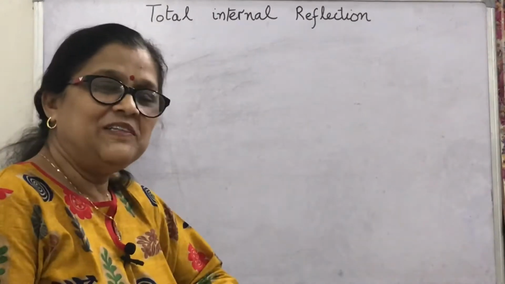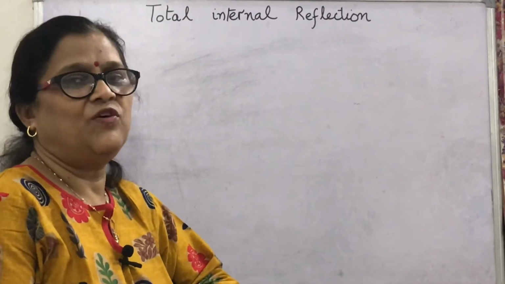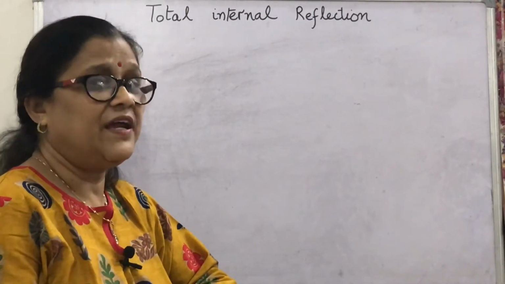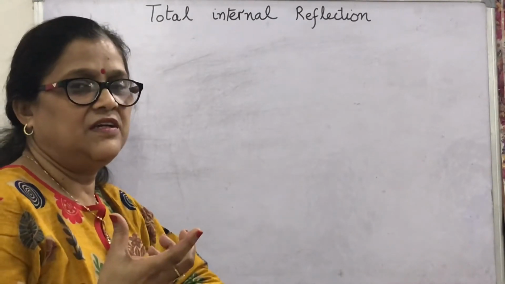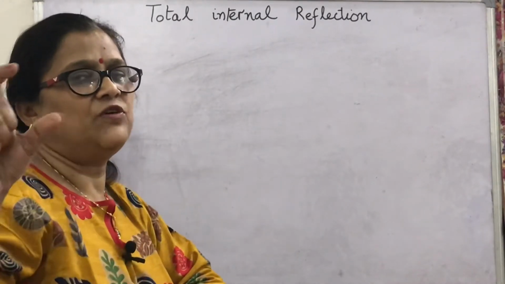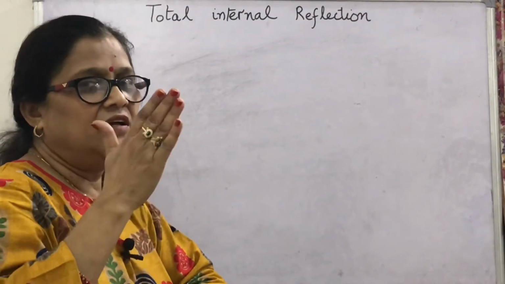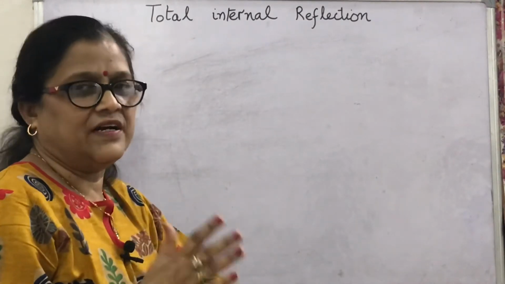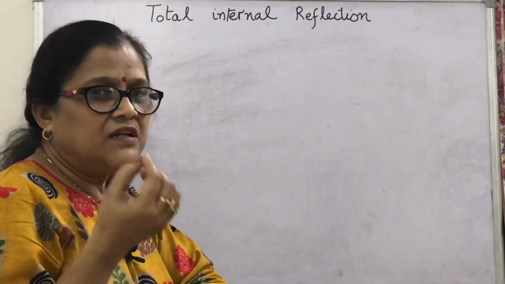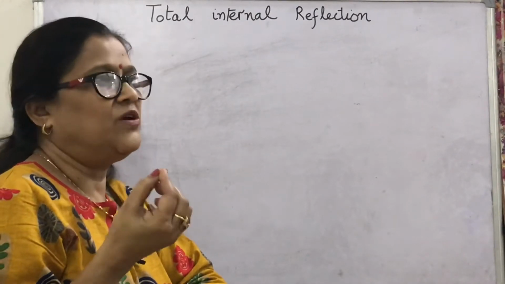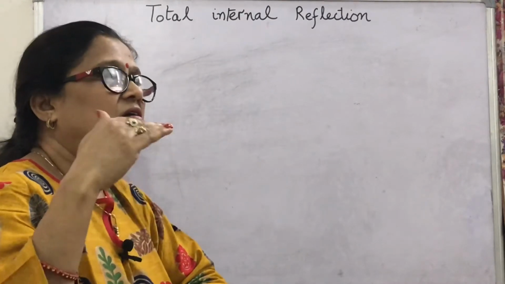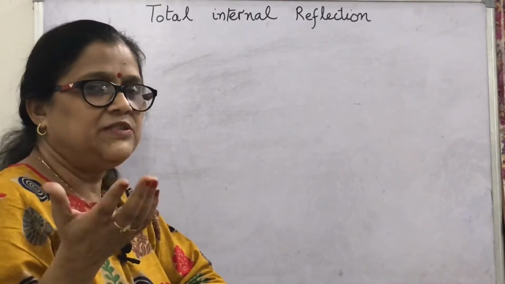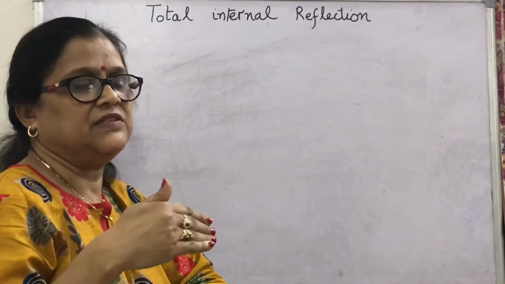Now, we will see what is the function of optical fiber. Again, total internal reflection. In optical fibers, long strands of high quality glass or quartz are taken, of very small diameter, that is of the order of micrometers. They are made up of substances of different refractive indices.